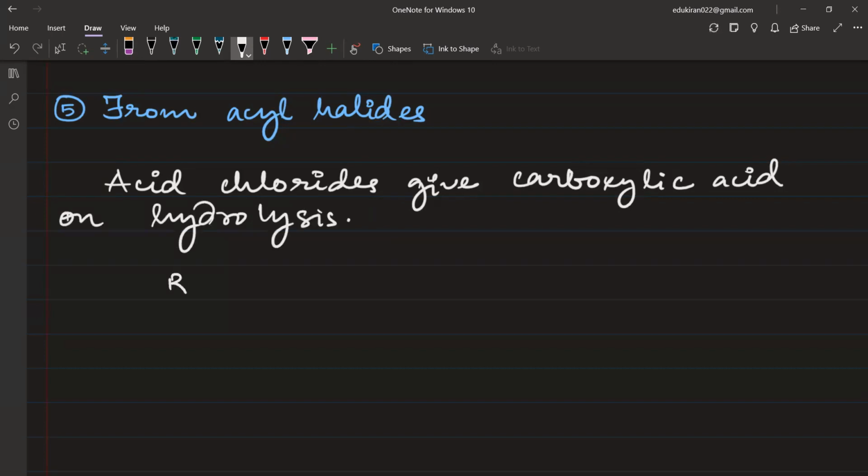So if you have RCOCl, just add water to RCOCl and you're going to get RCOOH. Okay.